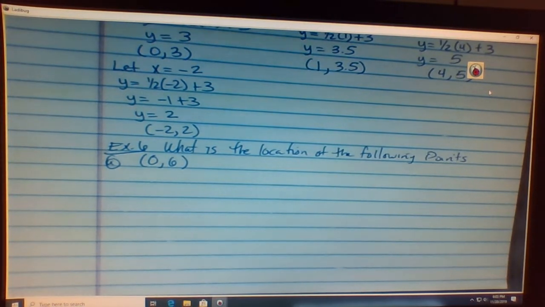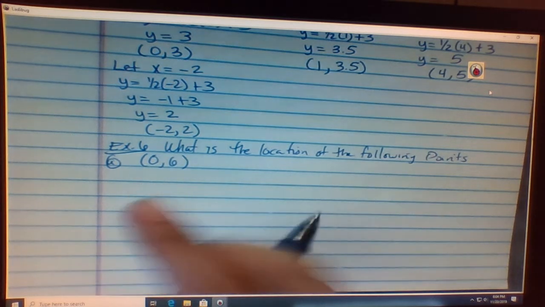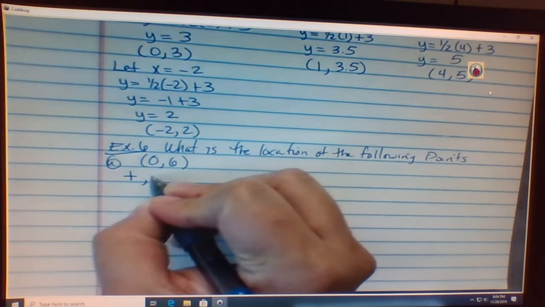Where do we find this 0, 6? It's going to be on what axis? Positive and positive what? Y. So it's a positive y-axis.